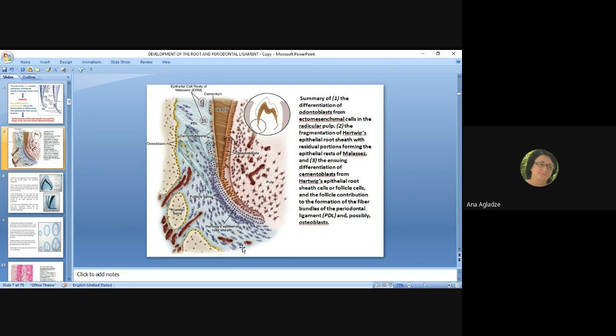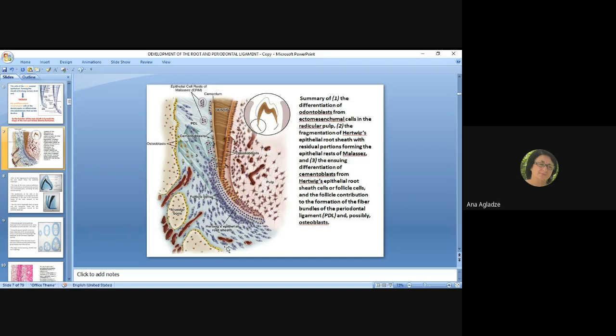Here you can see that this periodontal ligament is highly vascularized, and these stem cells surround these blood vessels, and they have such a perivascular location.